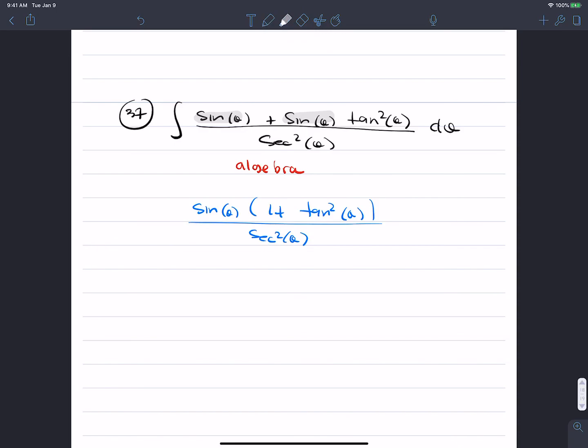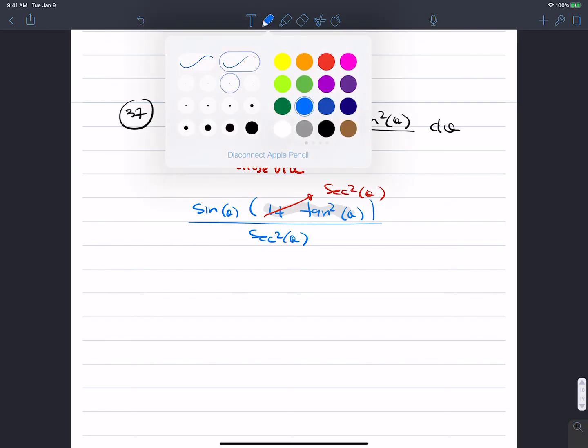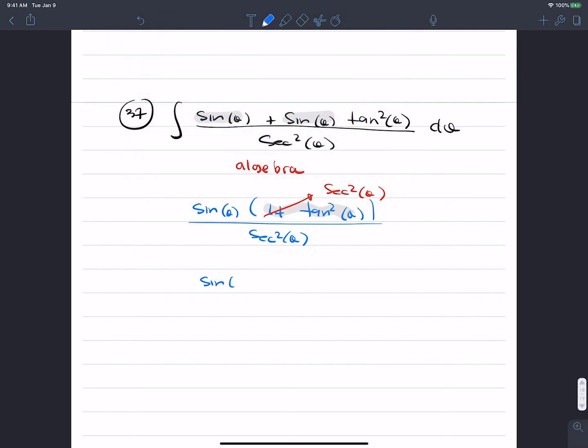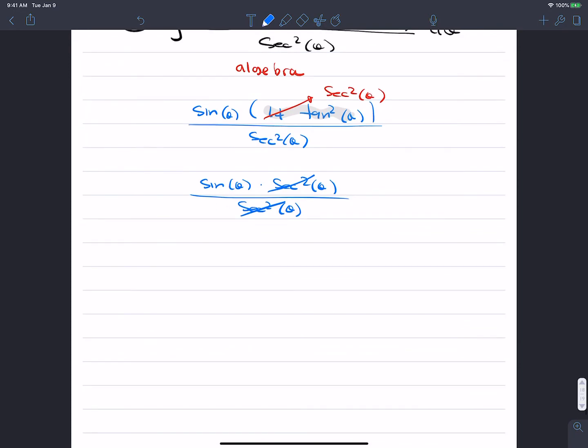Then I'm going to point out another fact. That 1 plus tangent squared theta, we know what that is. That's a Pythagorean identity. This is secant squared theta. So sine theta times secant squared theta over secant squared theta, this is going to cancel because anything divided by itself is 1. I'm just left with sine theta.